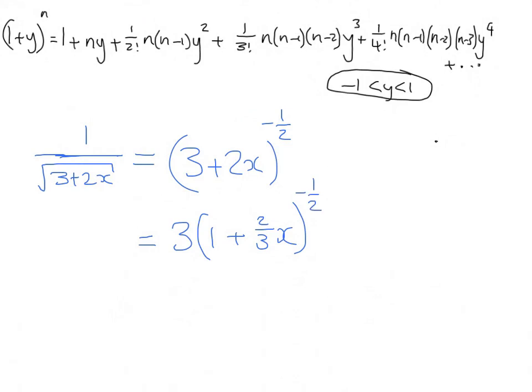And this bit is really important. This power of minus a half does not just sit on the bracket, it also sits on the 3 when the 3 comes out.